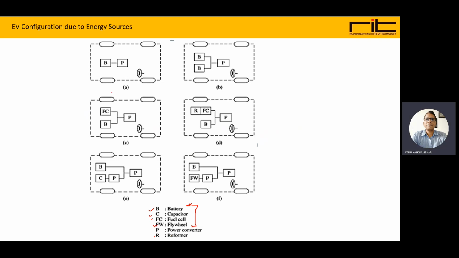Now we can see the first configuration, where a battery is connected to a power electronics converter and then given to the drive system. So this is a simple configuration where a battery is used and the battery will supply the required energy, and based on that the range of the vehicle will be decided.